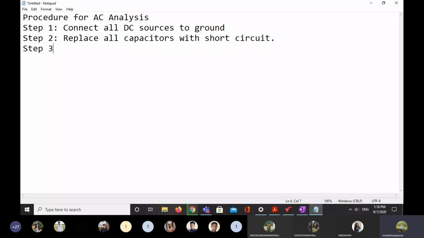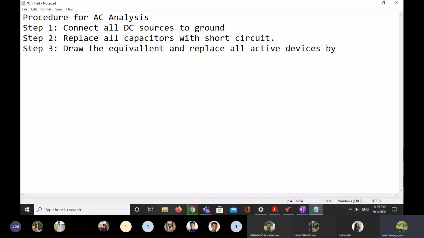Step 3: draw the equivalent circuit. After the DC sources are connected to ground and all capacitors replaced with short circuit, draw the equivalent circuit and replace all active devices by their H parameter model.